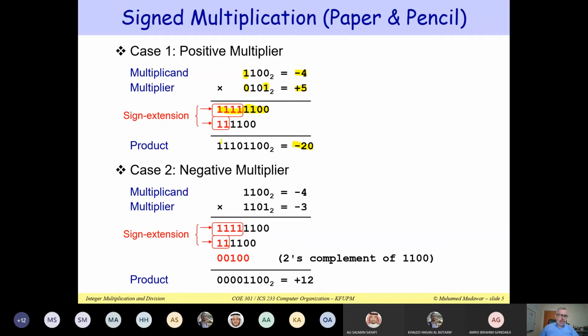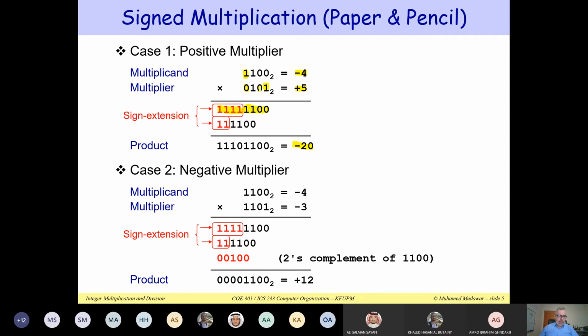You cannot assume that there are zeros here. No, you have to do sign extension. So this will be -4, which is sign extended. It will remain -4 after doing the sign extension. So whenever you are dealing with a signed integer and you would like to extend it, you have to use sign extension. This is the rule.